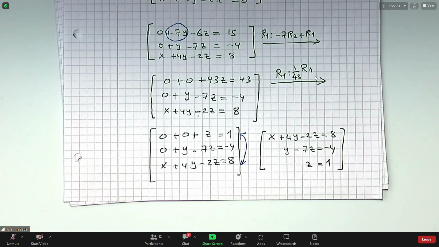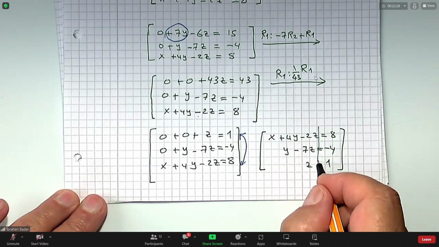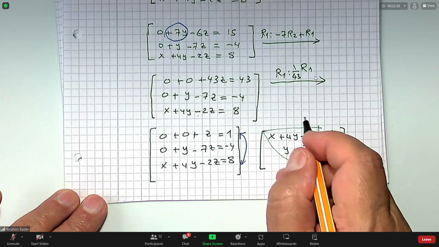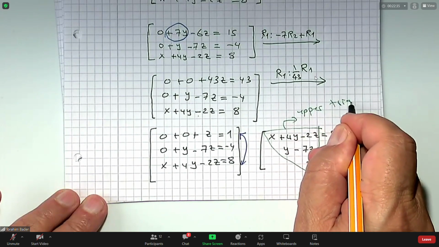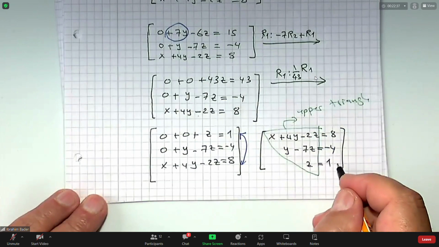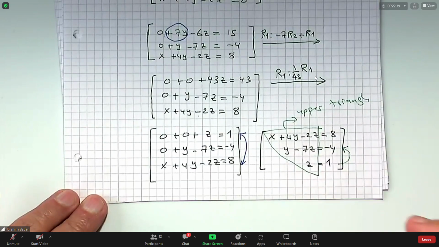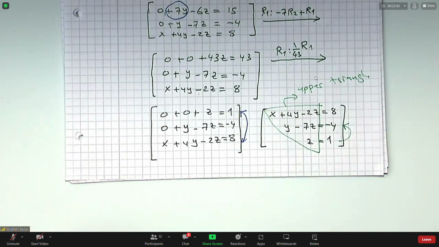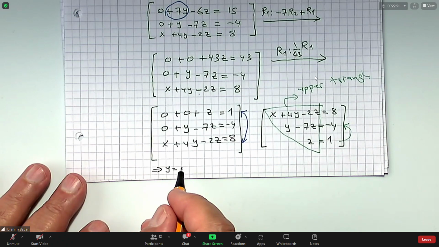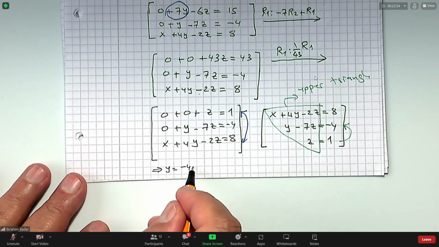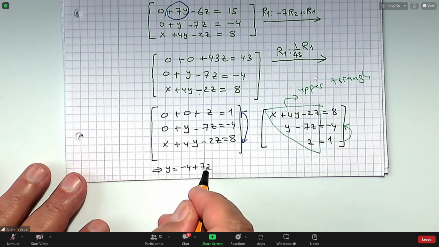So as you see here, we managed, that was our goal, to get this into a nice upper triangular form. And we can just solve it. We know z here. If we plug it in here, what do we get? So we get y equals, let's say, minus 4 plus 7z.